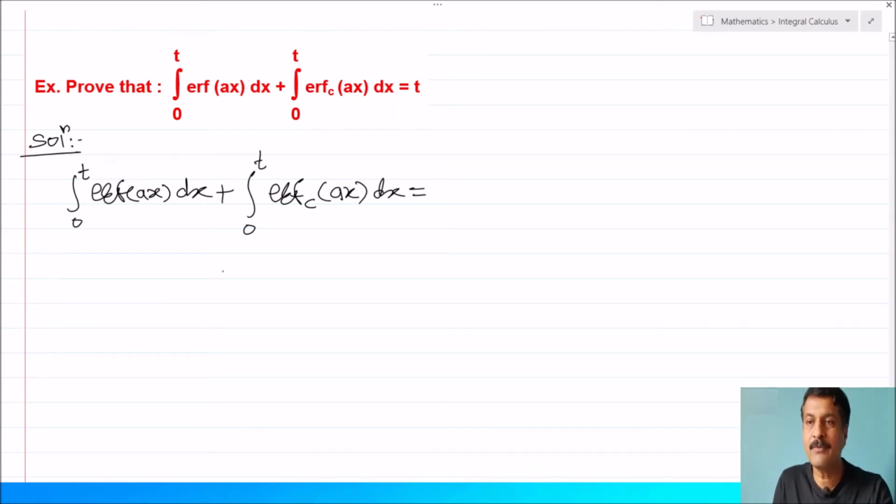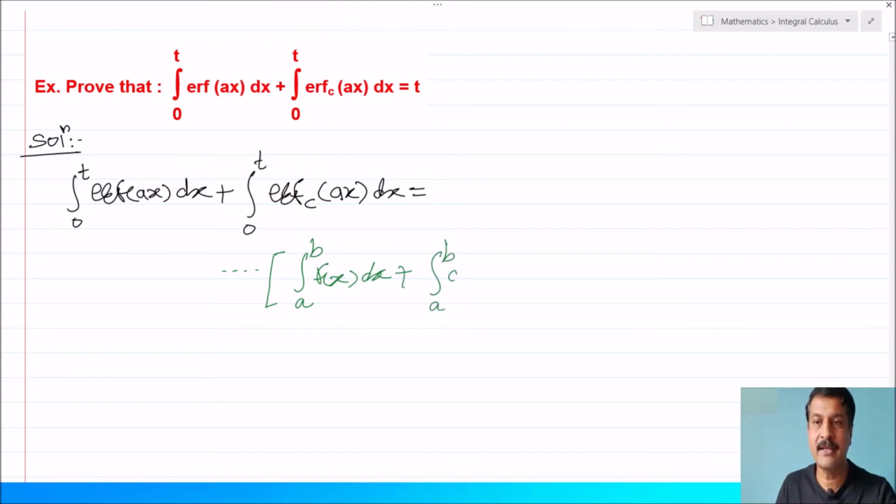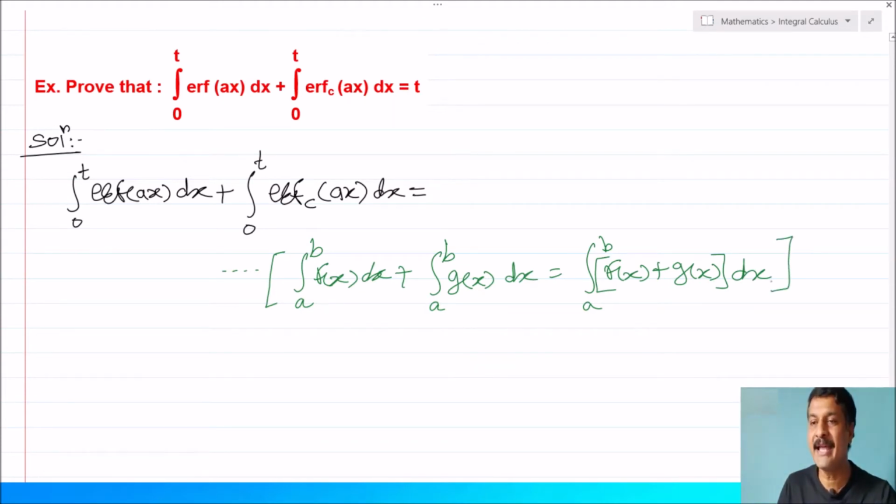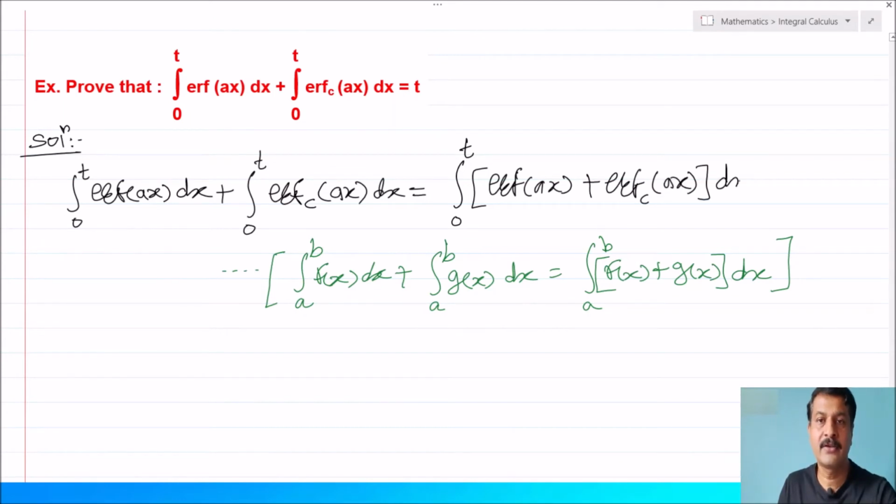So as a property of definite integral, which property? Integration from a to b f of x dx plus integration from a to b g of x dx I can consider as integration from a to b f of x plus g of x together under one integral into dx. So by using this property I can write here integration 0 to t error function of ax plus complement of error function of ax into dx.